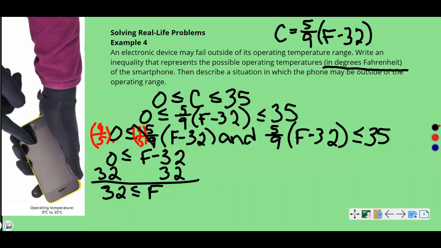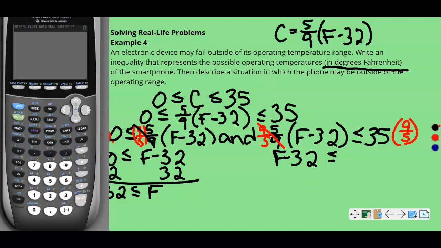All right, on the other side, we're going to multiply by 9/5 again in order to get rid of the fraction. So we're going to have F minus 32 less than or equal to, we need to do 35 times 9/5.